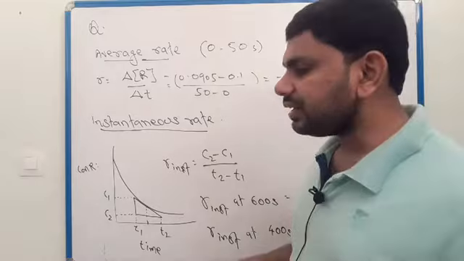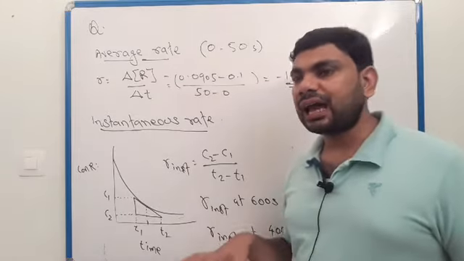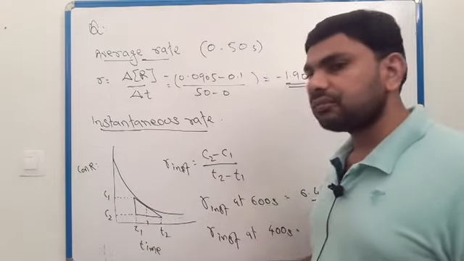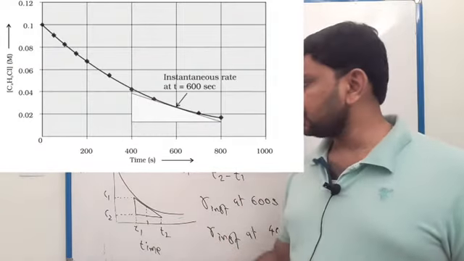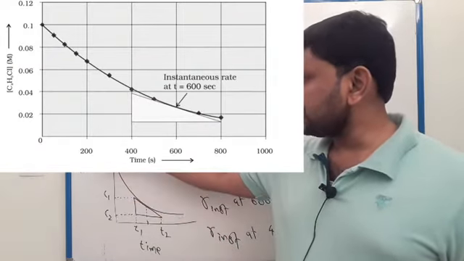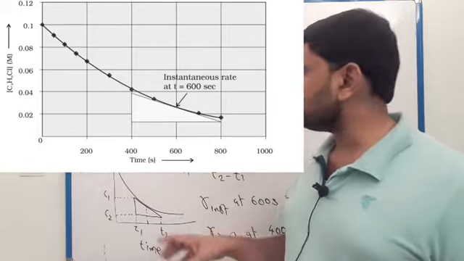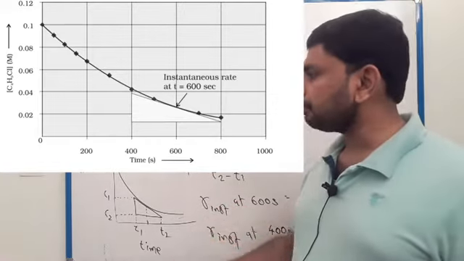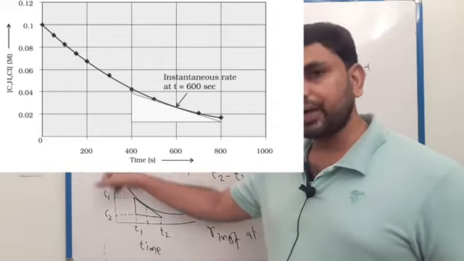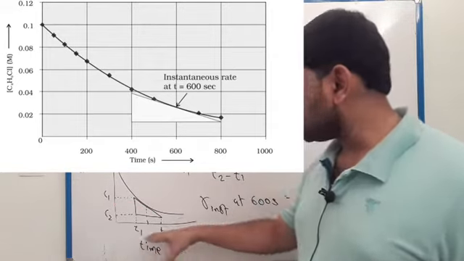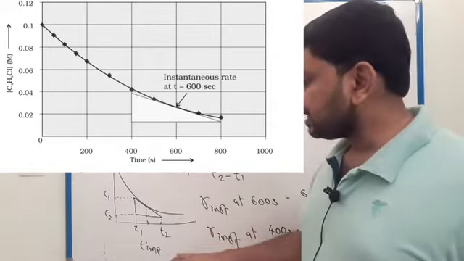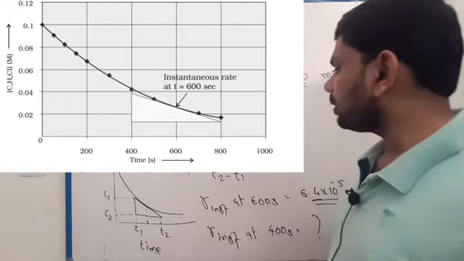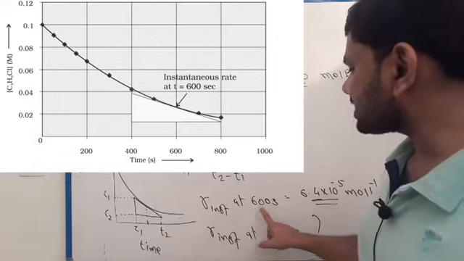To find the instantaneous rate, using this information, first we have to draw a graph. Take a graph paper, then plot concentration of C4H9Cl on the y-axis and time on the x-axis. Then we can choose any particular point, for example, the instantaneous rate at 600 seconds.